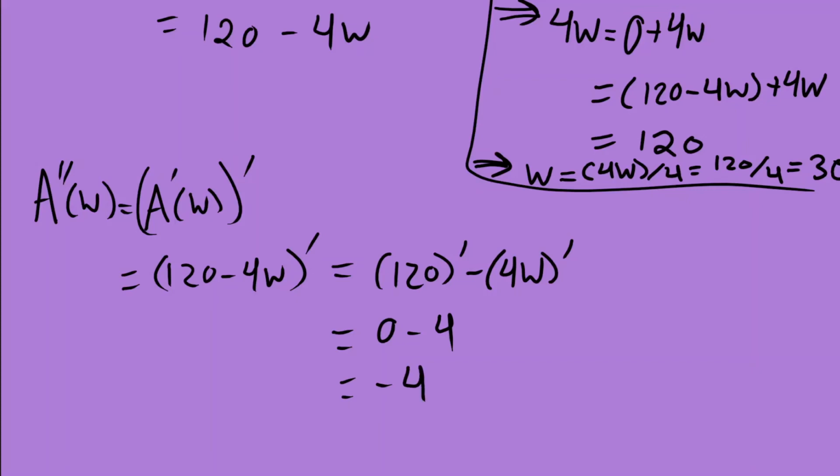So we don't even have to plug in the value W equal to 30. We already find that the second derivative of A of W is negative. Well, that means we have a frowny face, and therefore a local maximum.